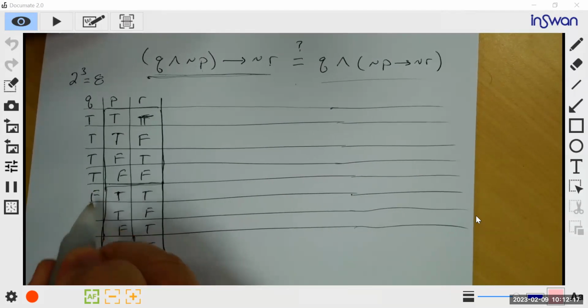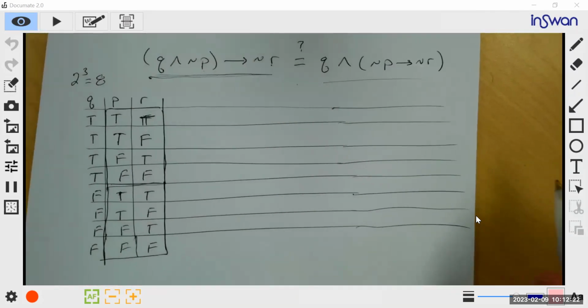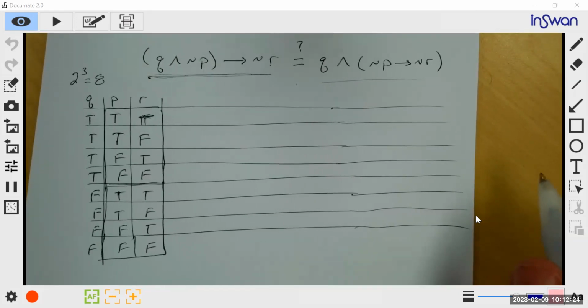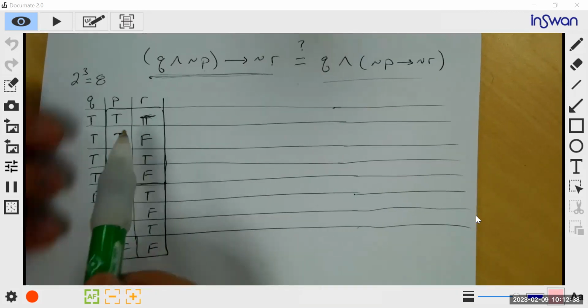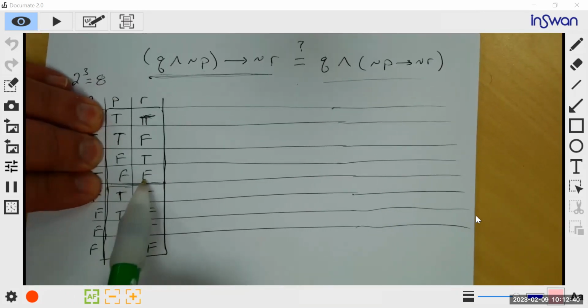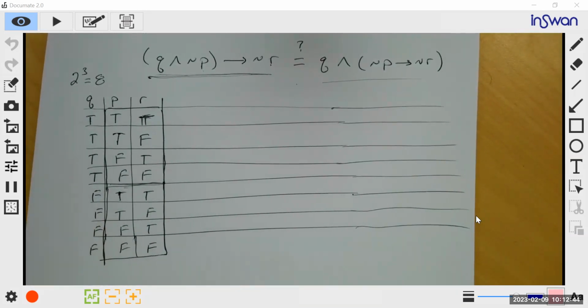And the bottom 4 if Q is false. So far, so good? Because we're working backwards. We create one of these small boxes for all the trues. Then we create other boxes for all the false.